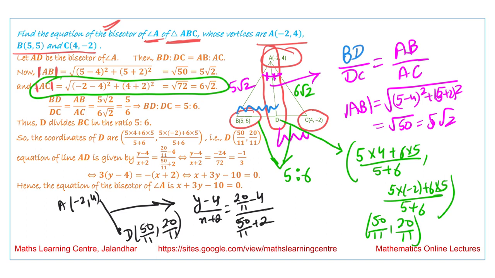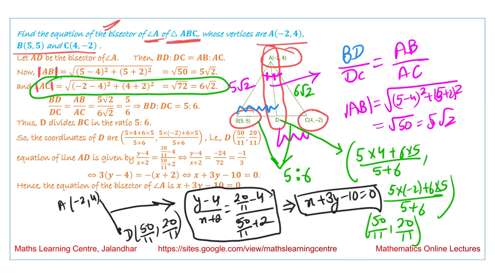On solving this equation, we obtain the final equation in the form x plus 3y minus 10 equal to 0. So this is the equation of the bisector of angle A.